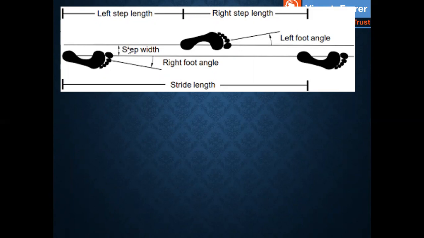Whenever we see this step width narrowing, mostly it is in the scissoring gait. And whenever we see this step width increased, that is a wide-based gait, normally we see it in cerebellar ataxia or sensory ataxia.